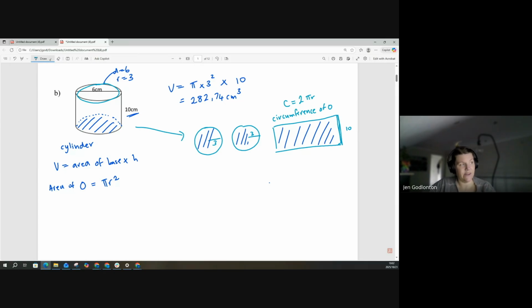So the areas of my circle, these 2 over here, I have 2 of them.